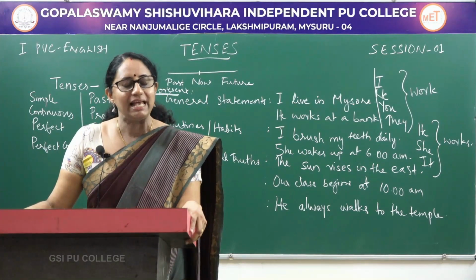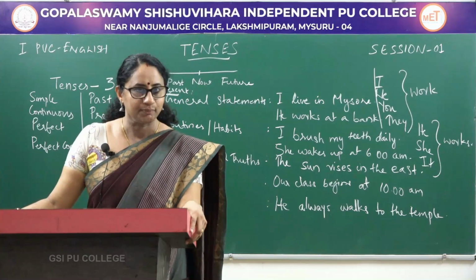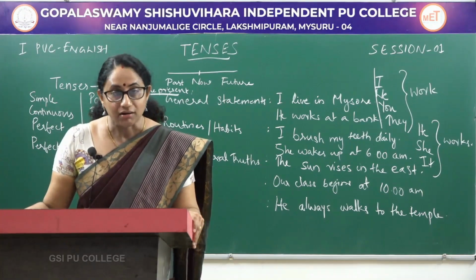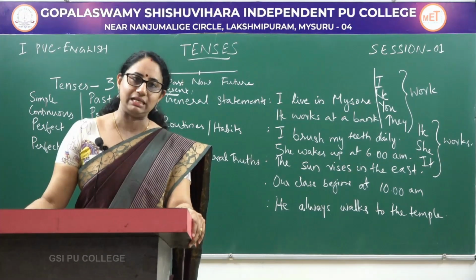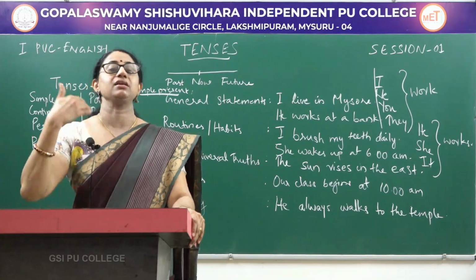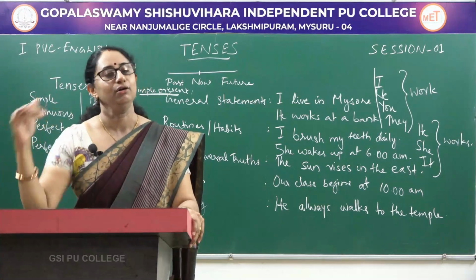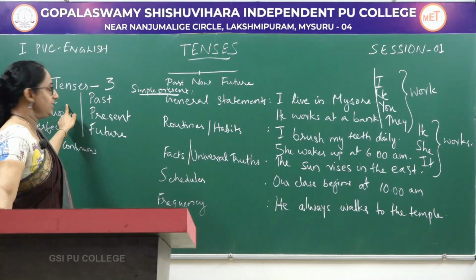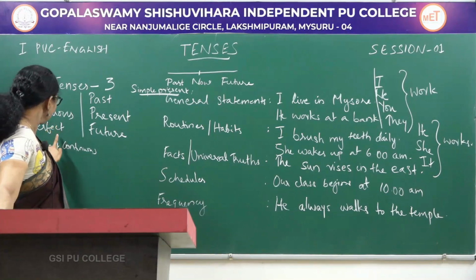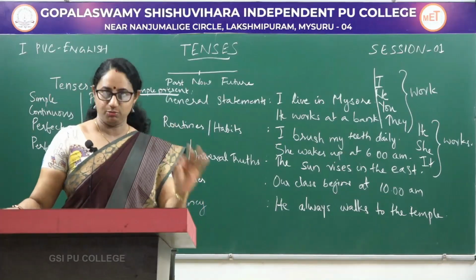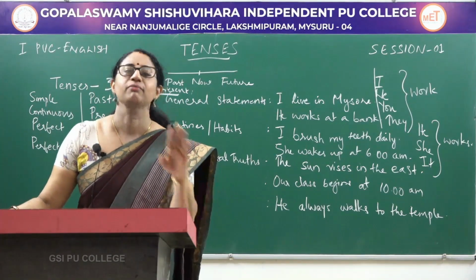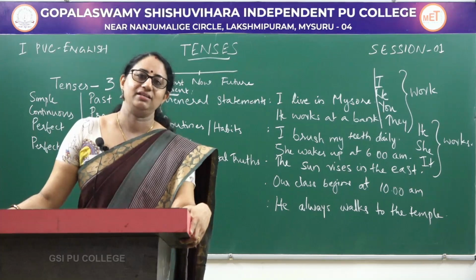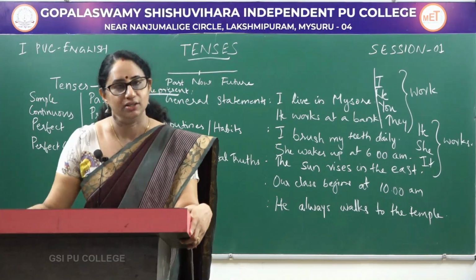Past tense tells us about the actions that happened in the past. Present tense tells us about the actions that happen or that are happening in the present, and future tense tells us about the actions that are going to take place in the future. Now, each tense is again subdivided into simple, continuous, perfect and perfect continuous, which means past tense has got 4 sub-varieties, present tense has got 4 varieties, and future tense also is divided into 4.